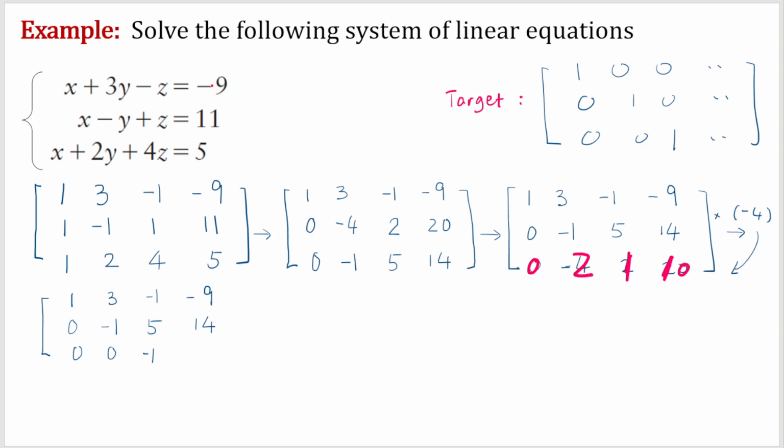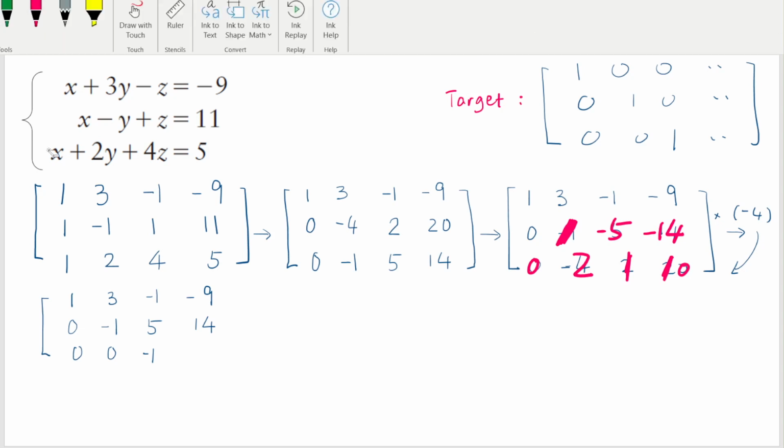Okay, and remember we want to convert this number to 1, because this is our target. So let's multiply the second row by -1. This gives us positive 1 here, -5 here, and -14 here. You follow me? Then we can start from there.